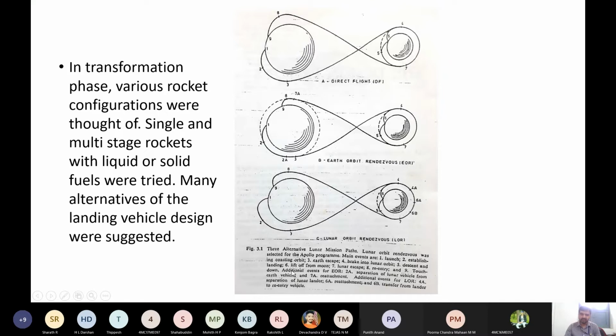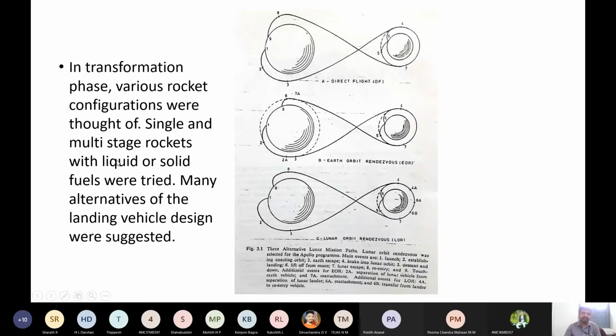So this is related to the path in which the vehicle will take off from the earth and again come back from the moon to earth. This is the path in which the rocket, or the vehicle, has to travel. In the transformation phase, various rocket configurations were thought of.